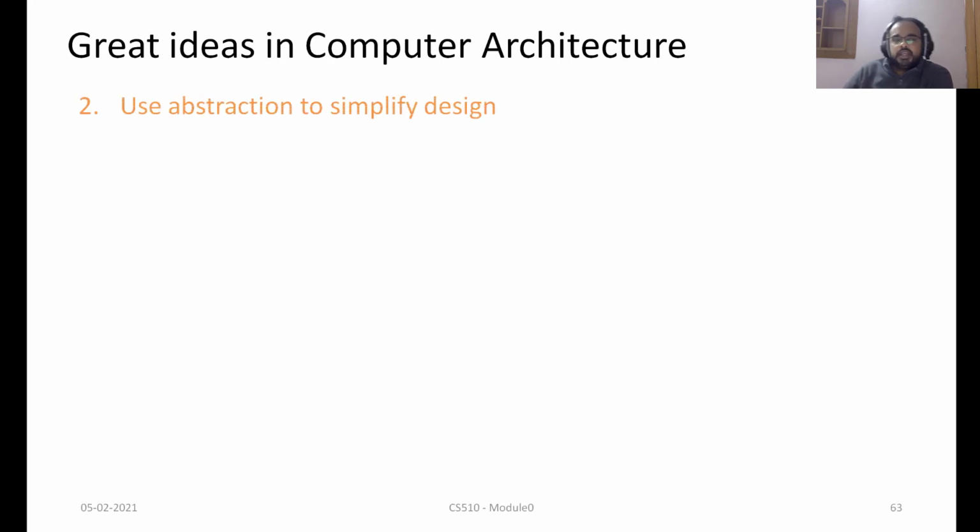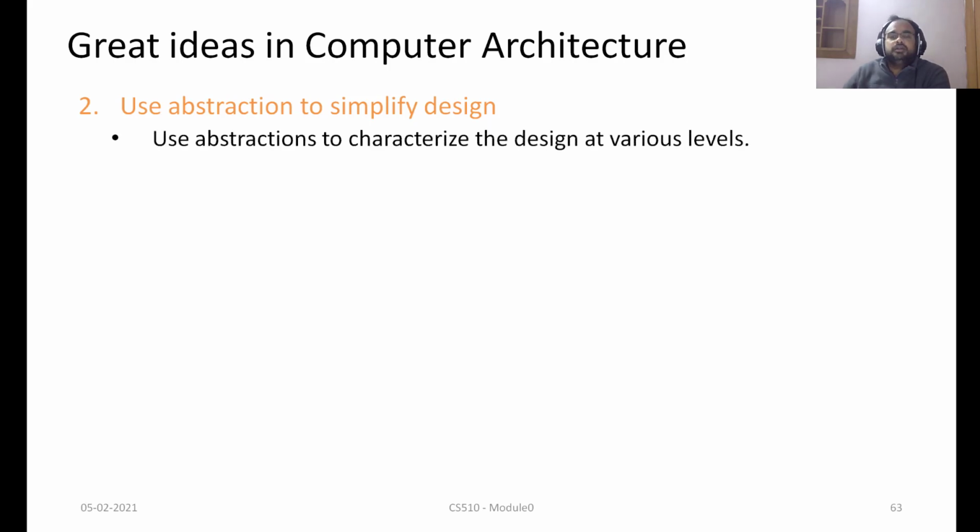Moving on, the second idea was use of abstraction to simplify design. Now, this we do almost in our day-to-day life. What it basically means is we try to abstract out the design so that we can work at a slightly higher level on a slightly bigger problem.